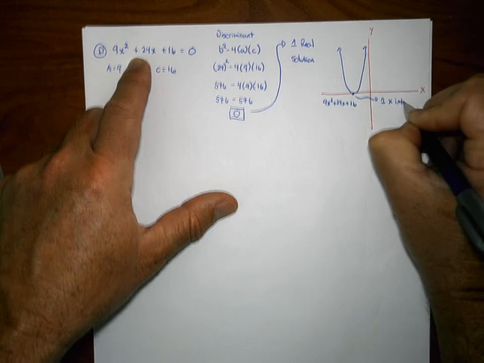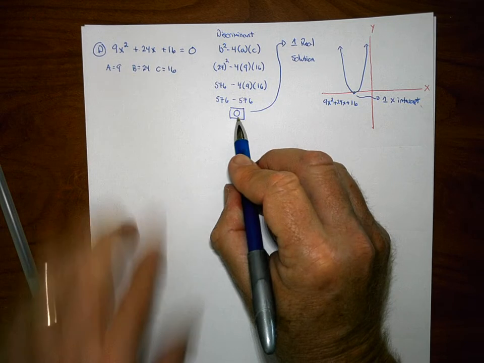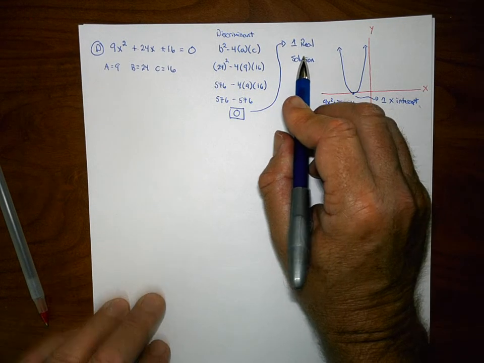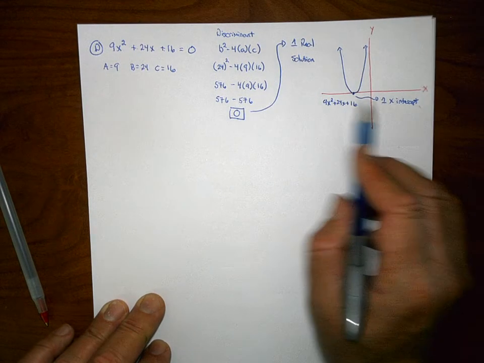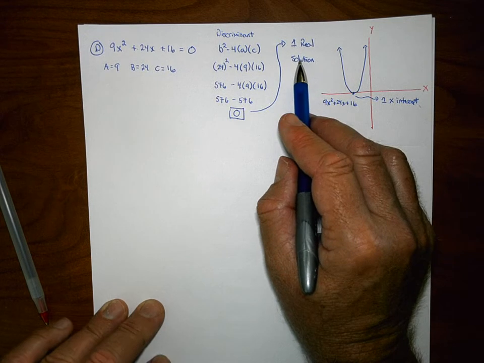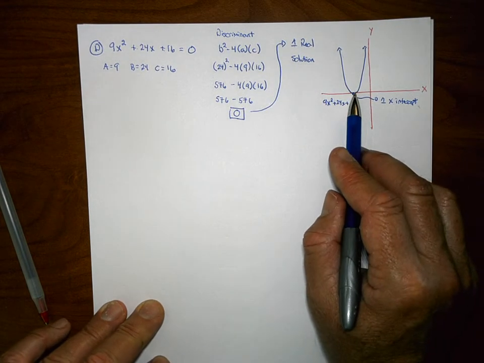So the discriminant was equal to 0. That told us we're only going to have one answer, one real solution to this equation, and when I graph it, it only had one x-intercept. So when I'm saying there's one real solution, what am I saying? I'm saying this graph is only going to intercept the x-axis once. Okay? All right, there we go.